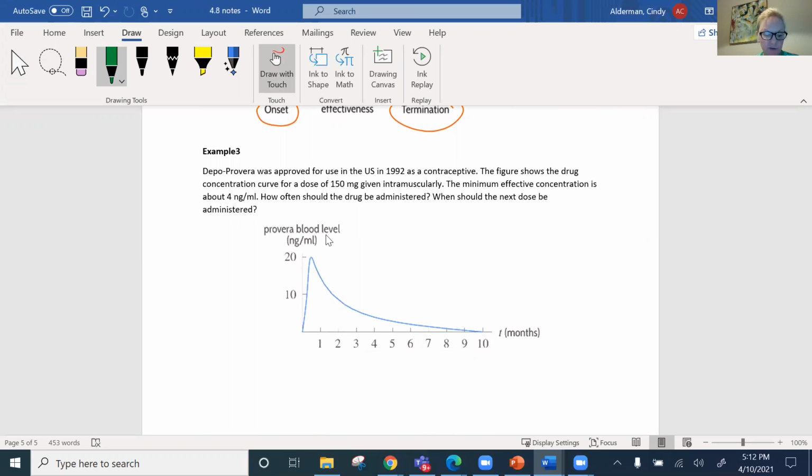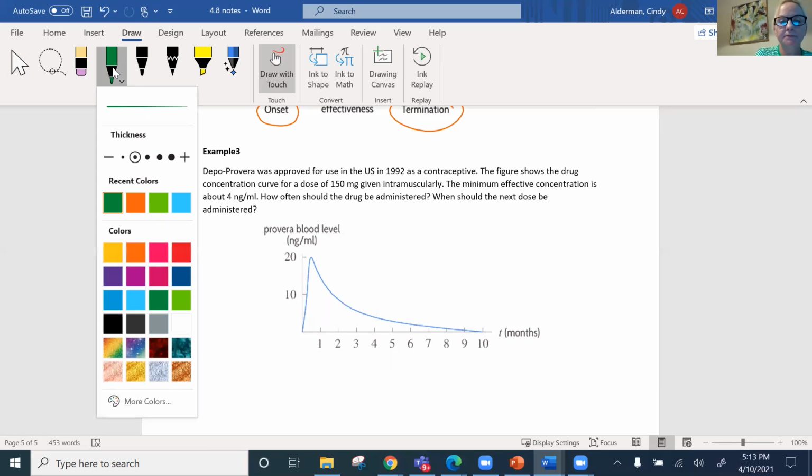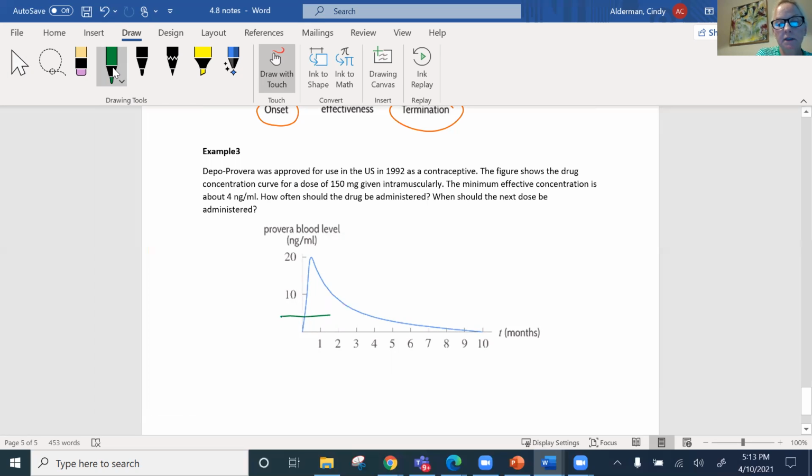The figure shows the drug concentration curve for a dose of 150 milligrams given intramuscularly, and then it goes on to say the minimum effective concentration is about 4. So let's draw a line at about 4. Minimum effective concentration is about 4.